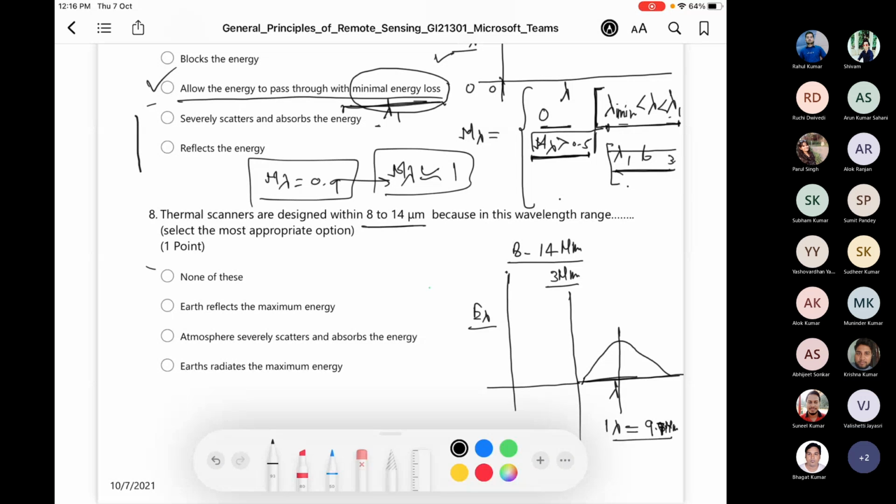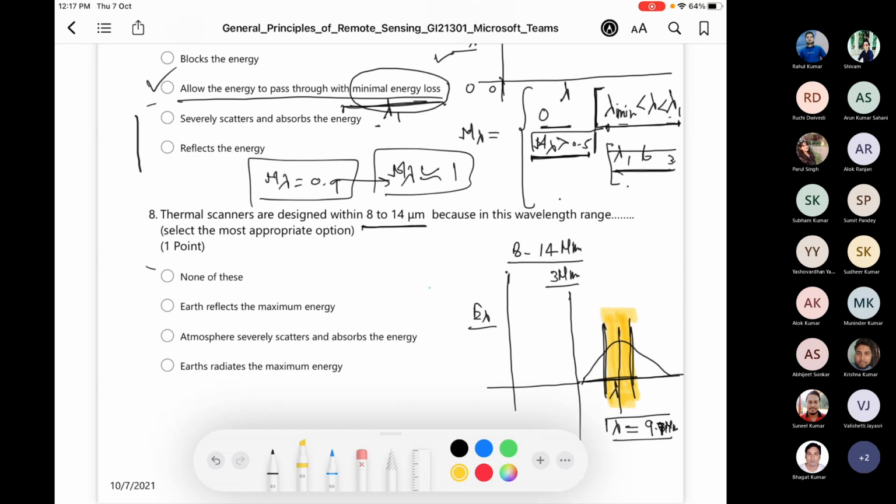Okay, so this 9.7 micrometer lies between 8 to 14 micrometer. So this is the wavelength range within which the Earth radiates the maximum energy.